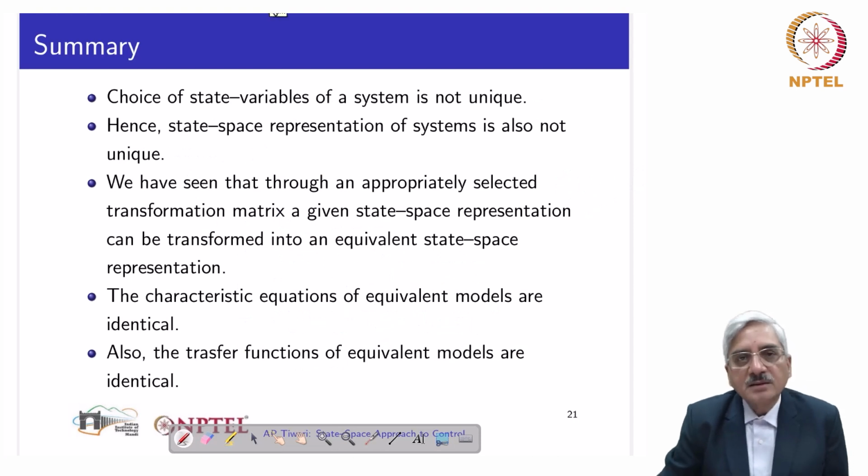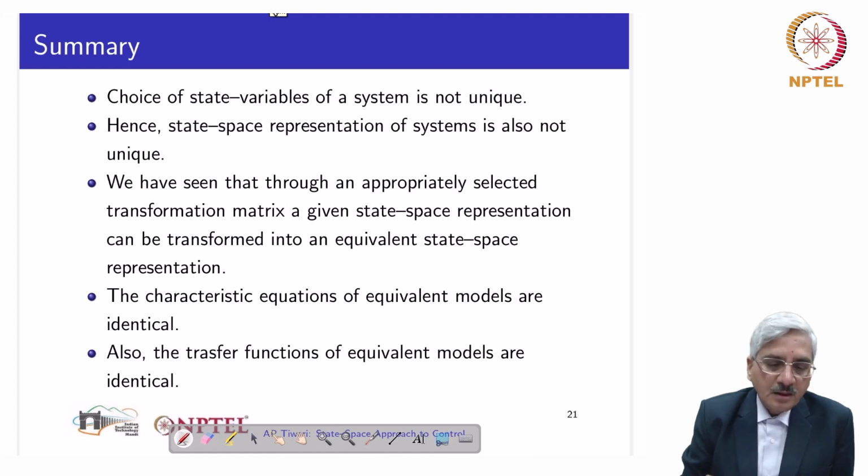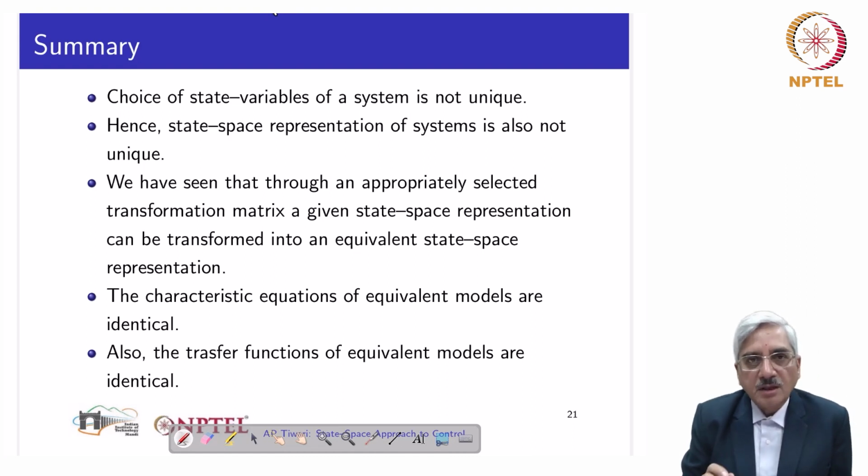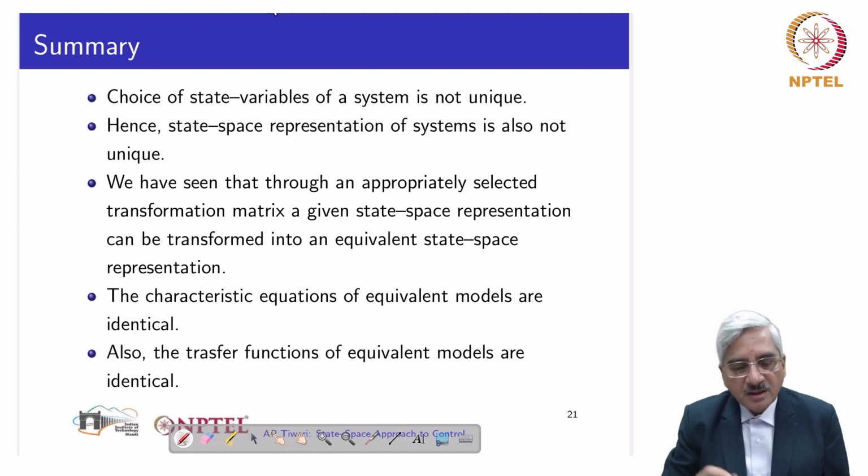Now we summarize this lecture. The choice of state variables of a system is not unique. Hence, the state space representation of a system is also not unique. Depending upon what state variables we choose, we obtain different models.